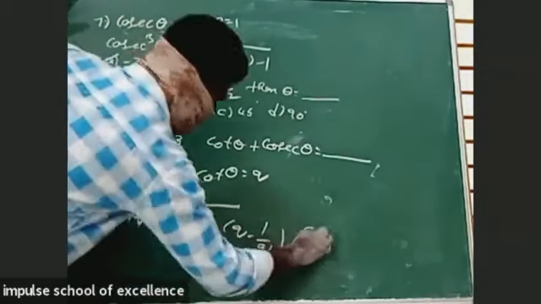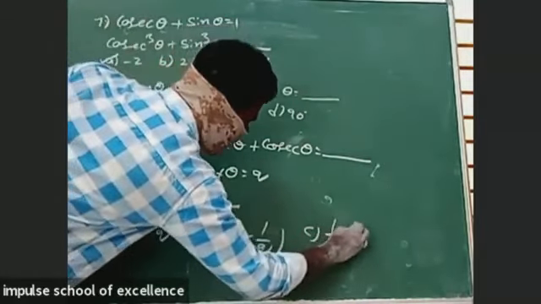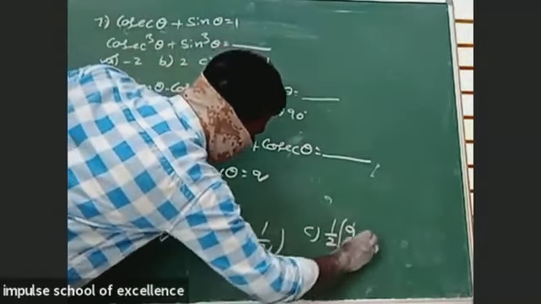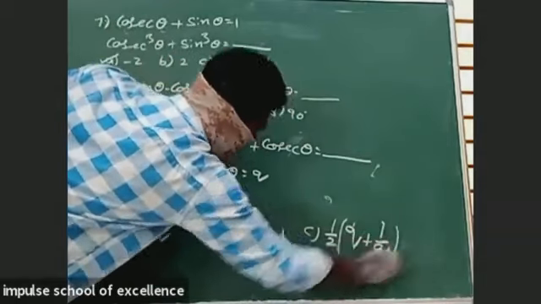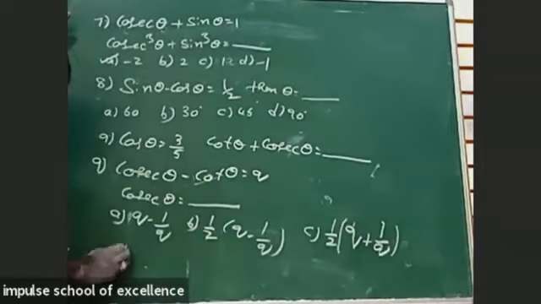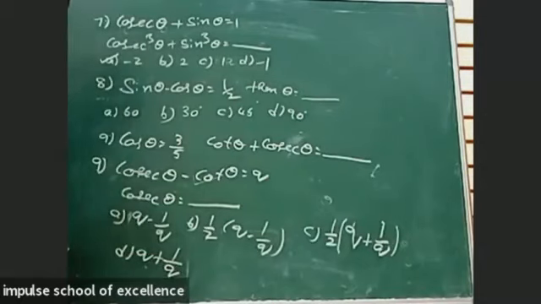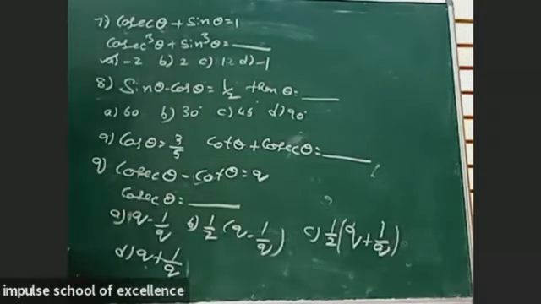Option C, 1 by 2 into q plus 1 by q. Sir, 1 by 2, option C, sir. Yes, ma'am, correct, ma'am.